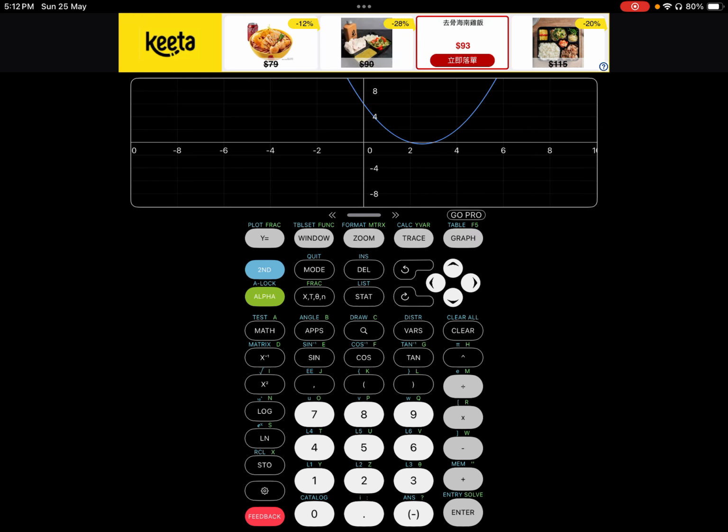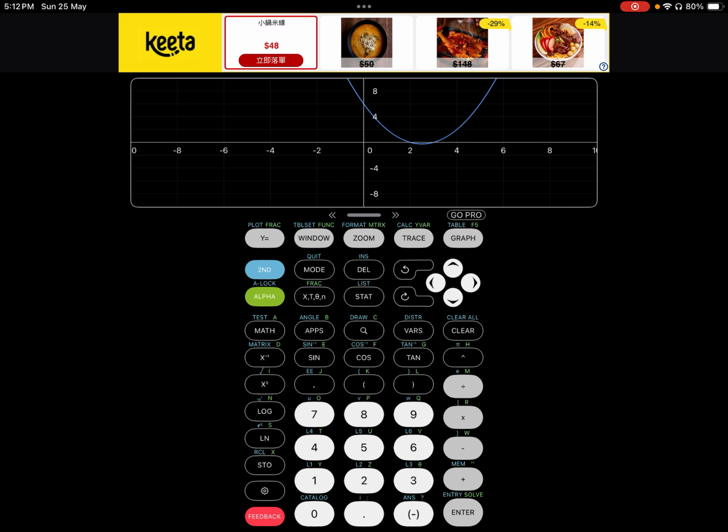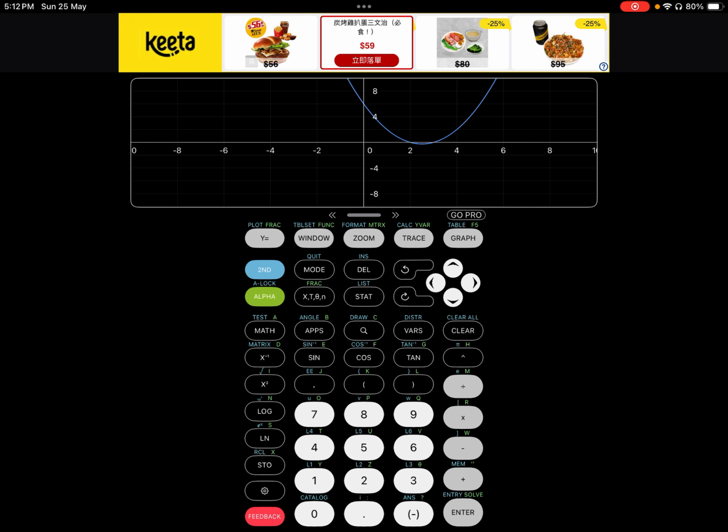Now, there is no specific feature that finds the equation of the axis of symmetry, but we do know that the axis of symmetry corresponds to the minimum point of this graph.